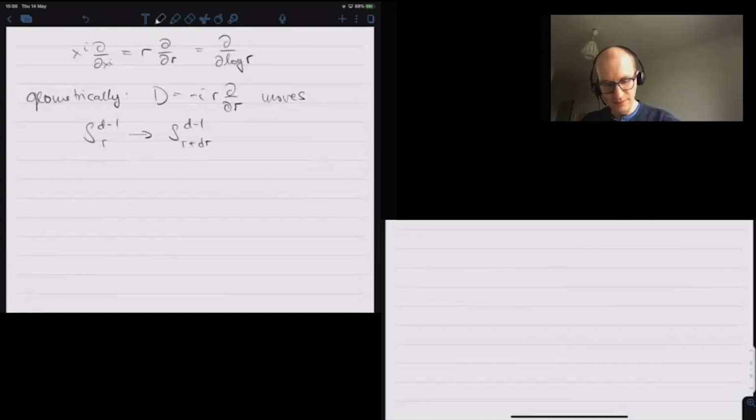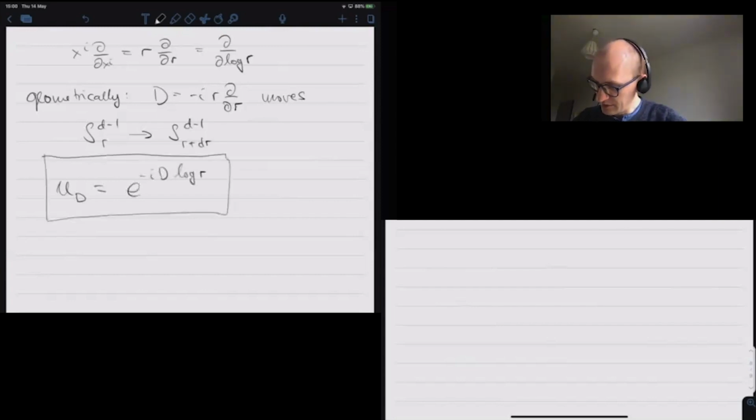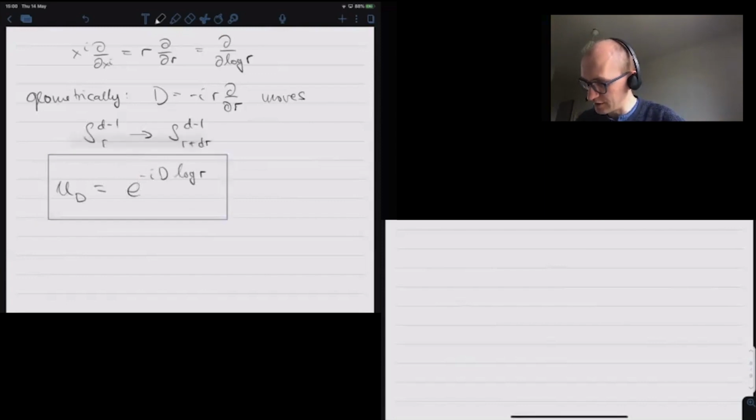But what does this correspond to? Well, this corresponds to the evolution operator e to the minus I d times log r. So the operator that implements this is the dilatation operator with respect to radial r.